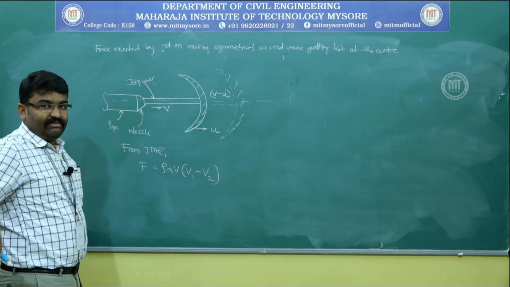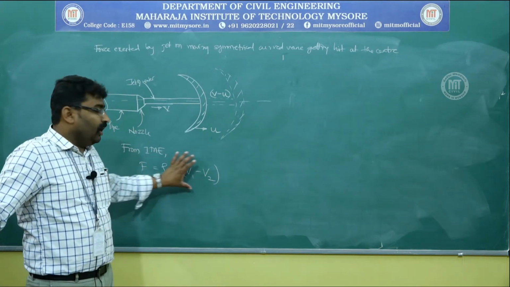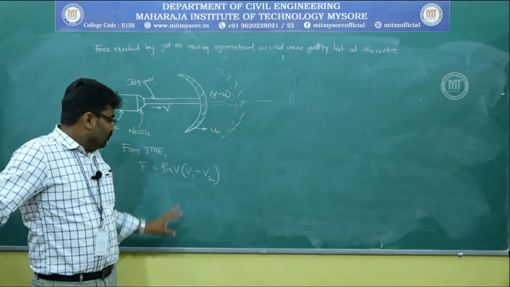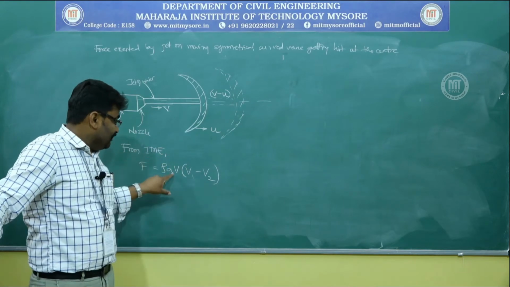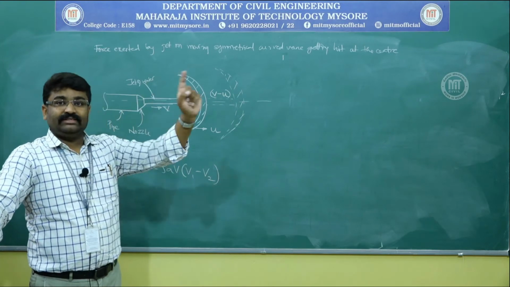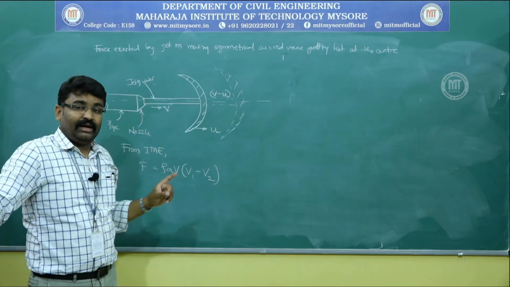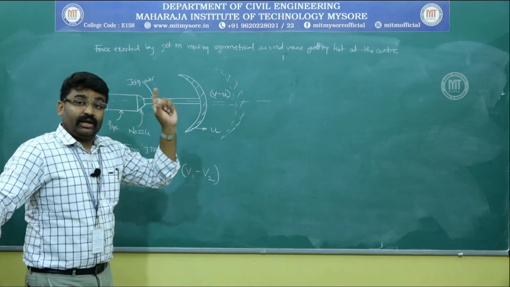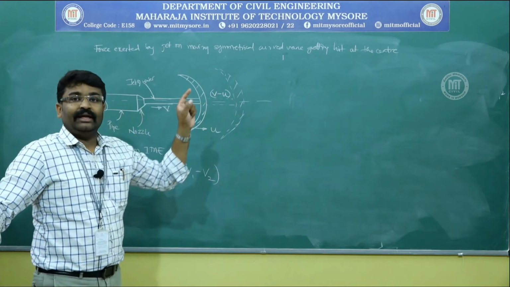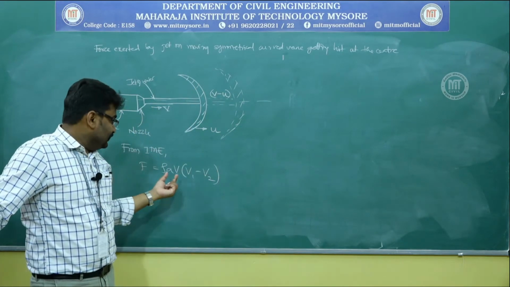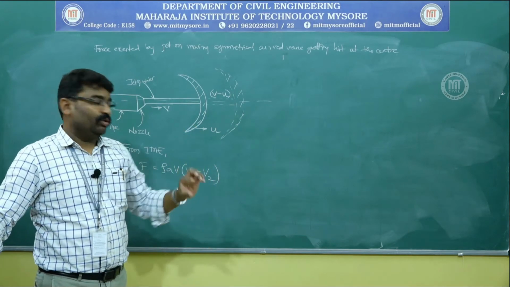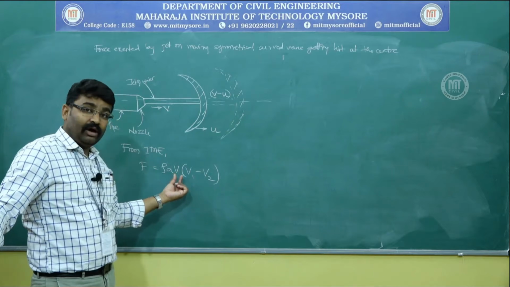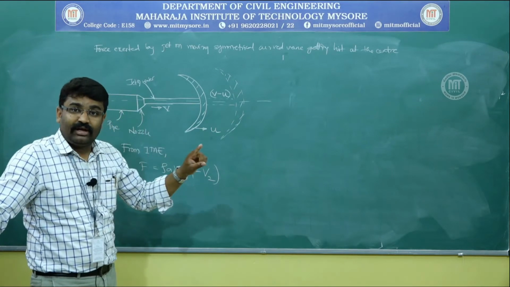Here you must be very careful in understanding all these terminologies. What is av? av is nothing but Q. In av, what is v? v is the velocity. But here the vane was already in motion prior to the jet hitting the vane. That means this velocity is changed to v minus u. So, this velocity is now the relative velocity.